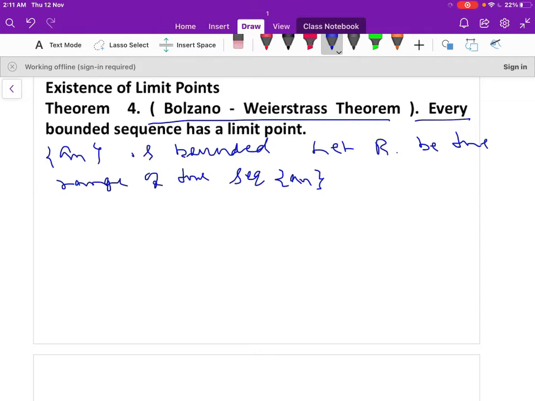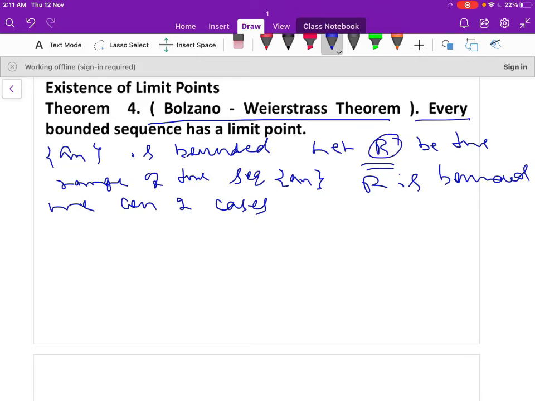If the sequence a_n is bounded, obviously R is also bounded. We consider two cases because the range may be finite or infinite.